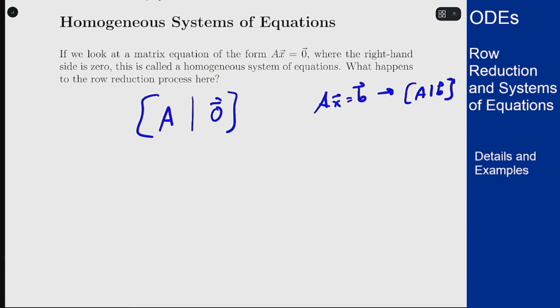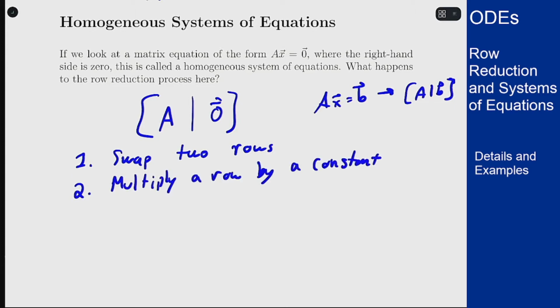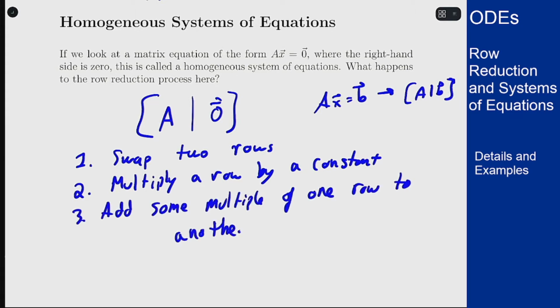Our operations are: we can swap two rows, we can multiply a row by a constant, and we can add some number of copies of one row to another. These are our elementary operations from before. But if you look at all of these, none of them will change the right-hand vector if it is all zeros.